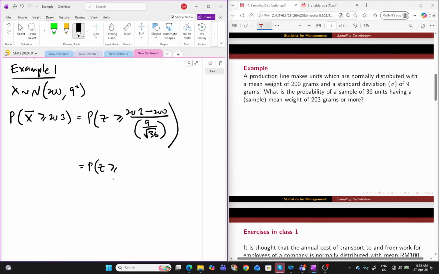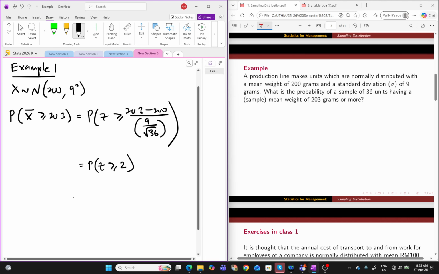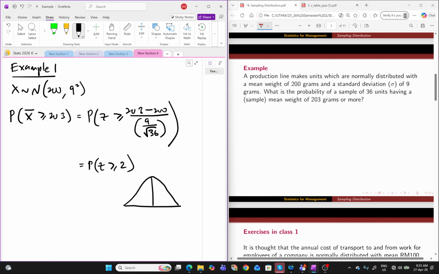Alright, what do you get here? 2? Okay. So once you get 2 here, then you know what to do. You draw the bell shape, normal curve, 2 is here. You need this region.